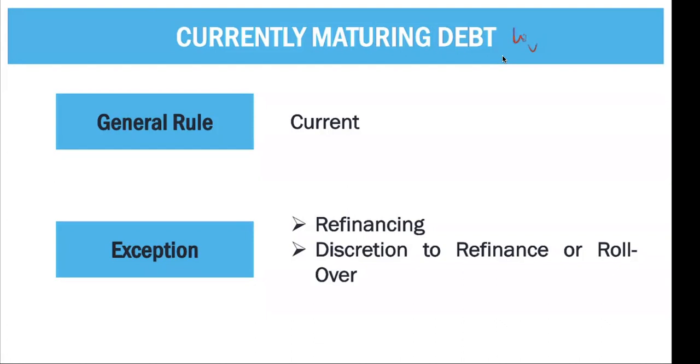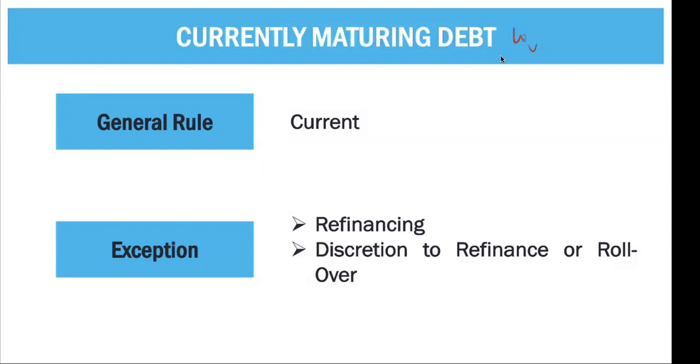So for example, it is a 5-year liability, so it must be due after 5 years. However, it is now currently maturing, so it means it is now the fifth year. So it is a long-term debt which is now currently maturing.